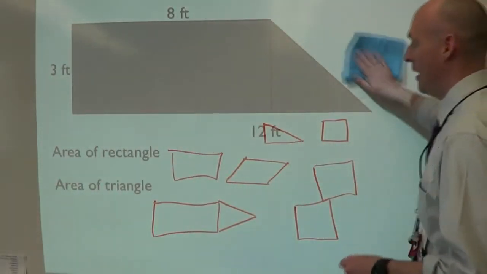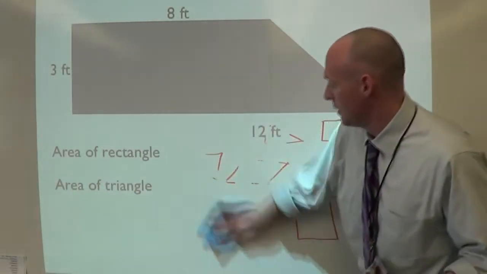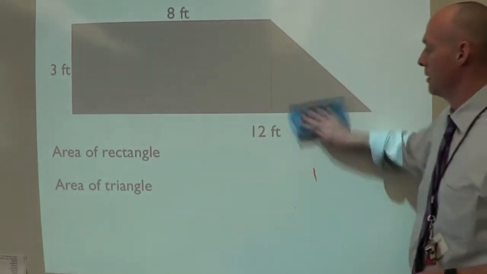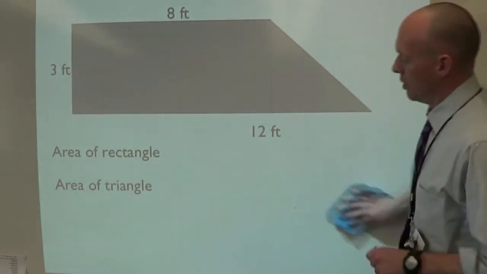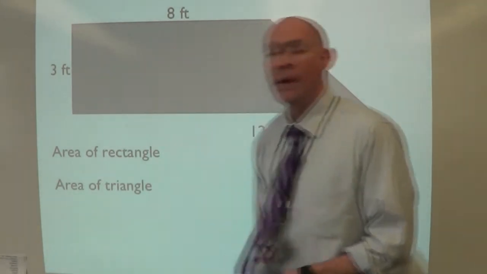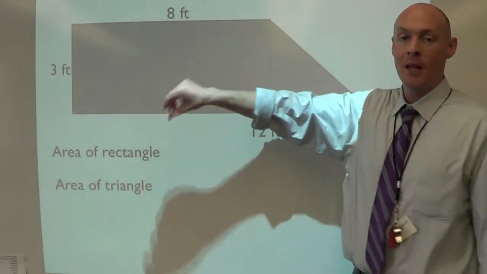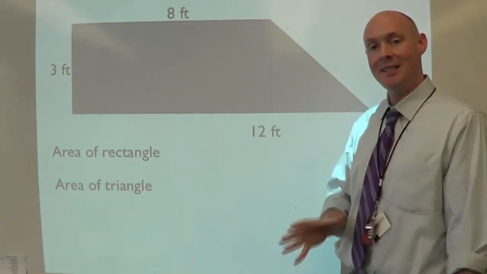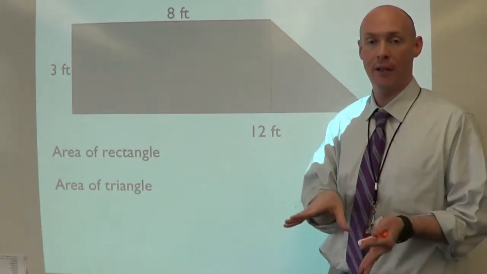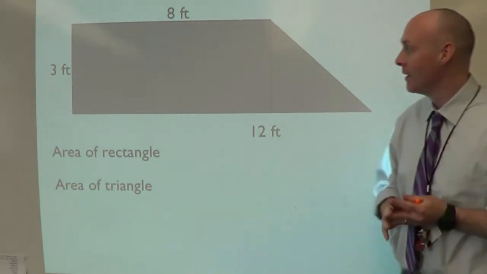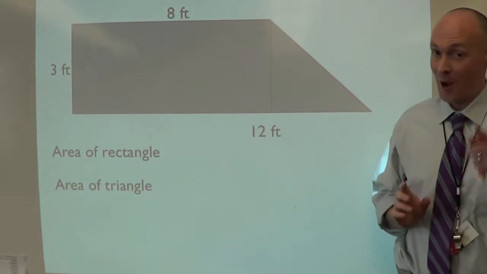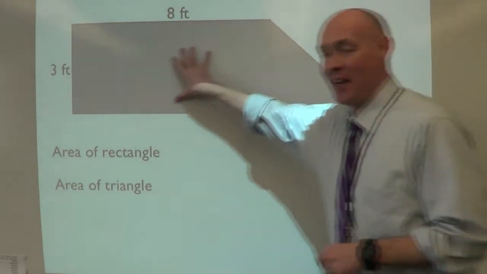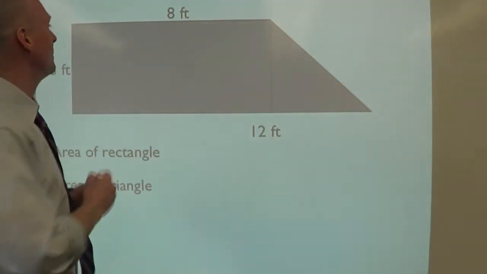All right, here I have a composite figure. I can look right away and see two two-dimensional figures. Can you point them out? I hope you can. Here's the first one. This one is a rectangle. See?